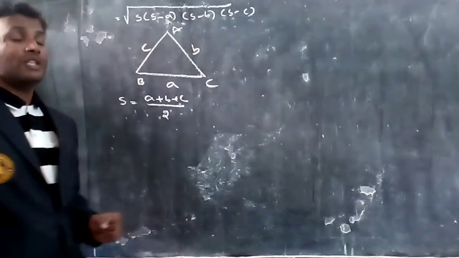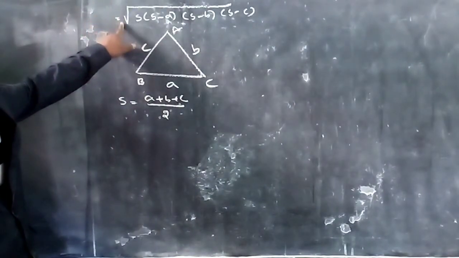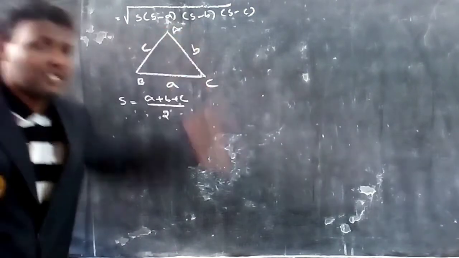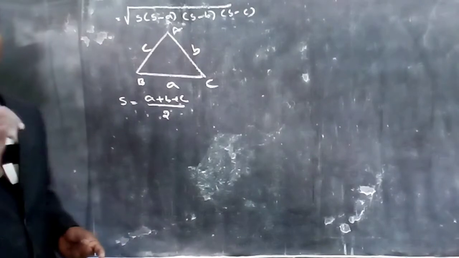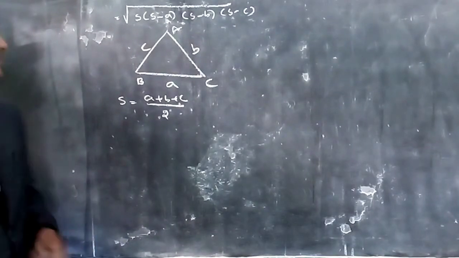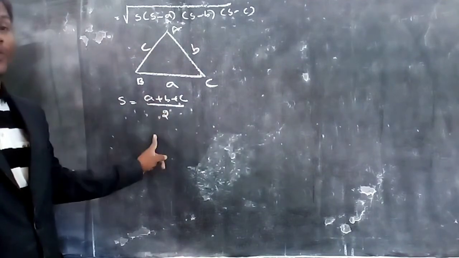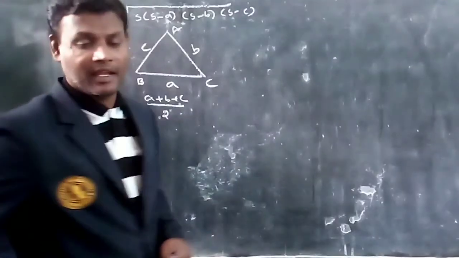By Heron's formula, area of a triangle is the square root of s into s minus a into s minus b into s minus c. a, b, c are the lengths of the given sides, and s is a plus b plus c by 2, half of the perimeter of the given triangle.